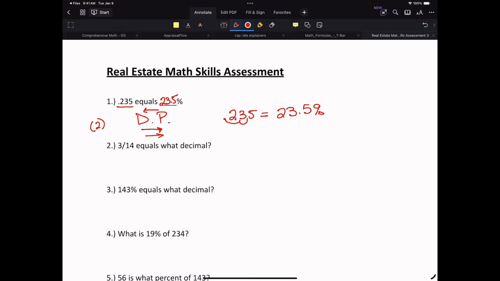It says 3/14 equals what decimal? Well, when we're talking about fractions, let's just draw a circle. This is a whole. If you put it into two pieces, one piece would be 1/2 because it's one of the pieces, but there's two total.